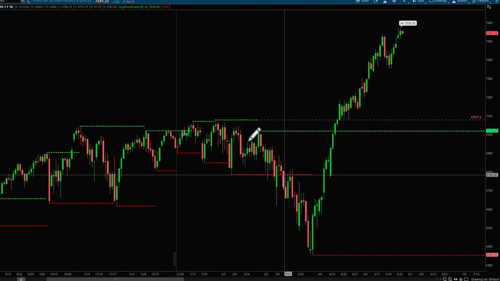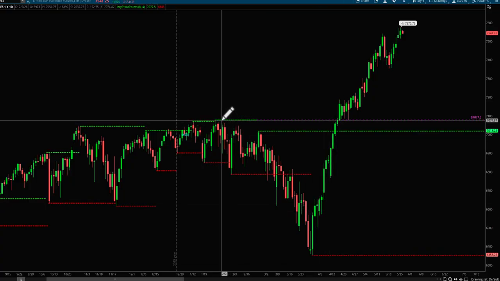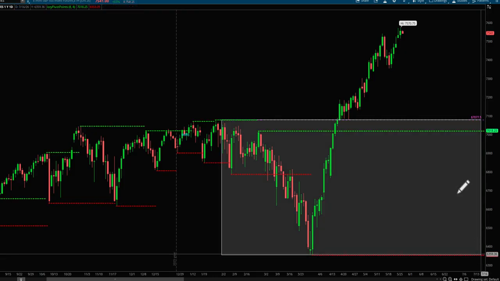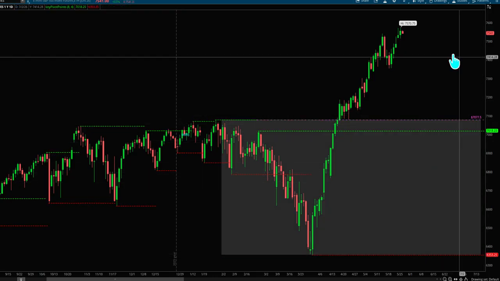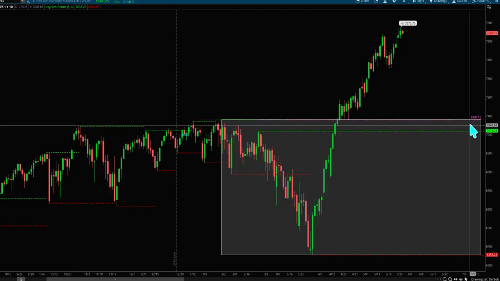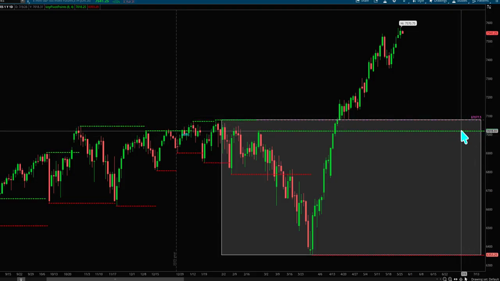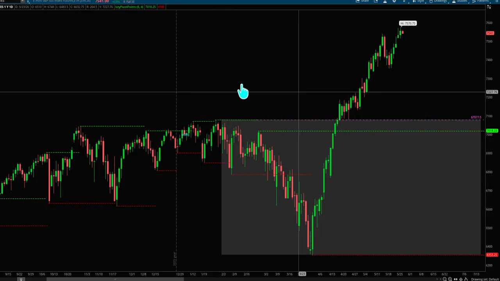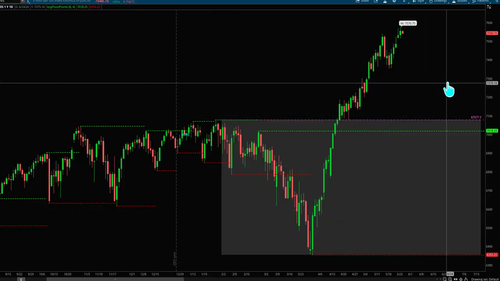Taking all the levels away, what I know is that my daily time frame is showing me a very big range. And that range is set from about 77.18 all the way down to a low of 63.53. So that's a huge range we're working with. So that's number one.